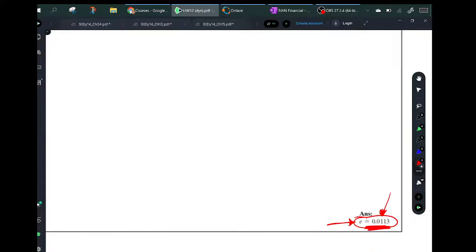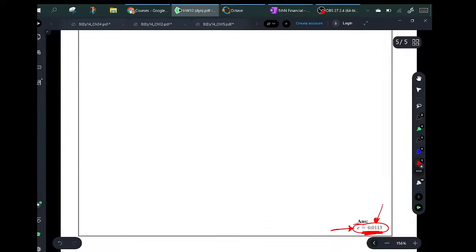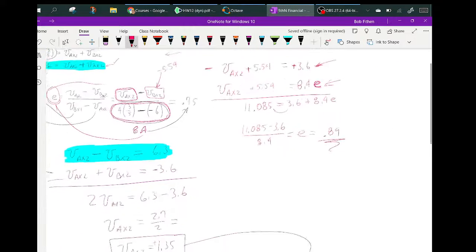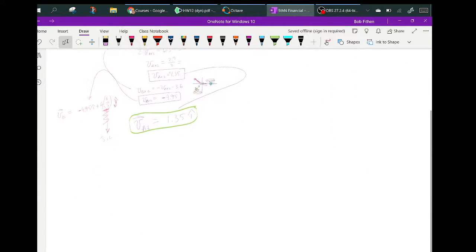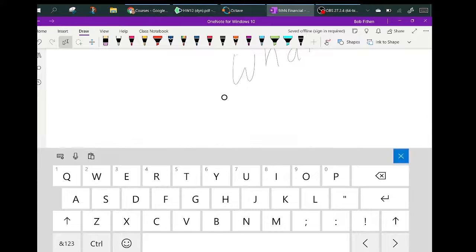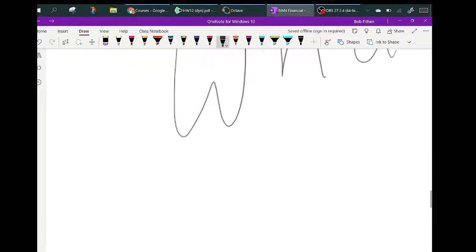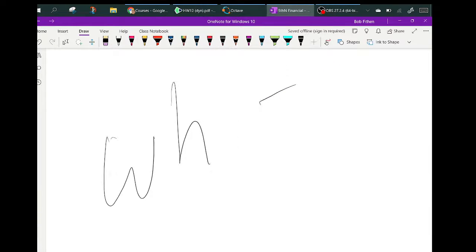Here's why. Next time we're going to go into this problem. I'm going to take this problem and investigate two items. I think I can see what's going on here.